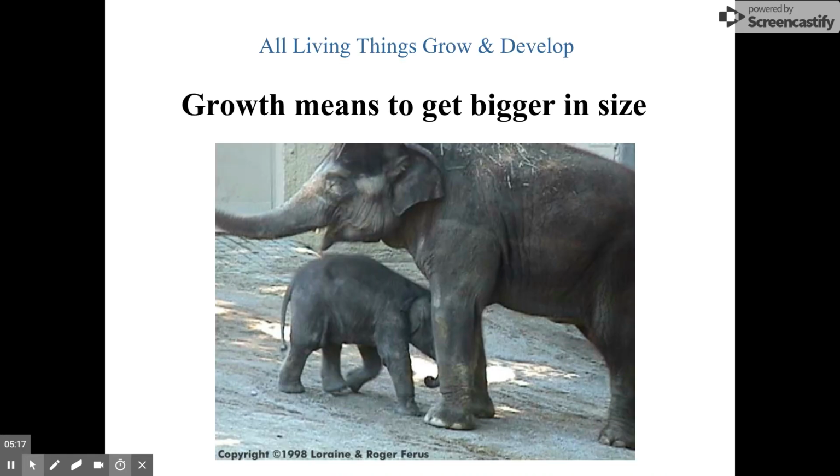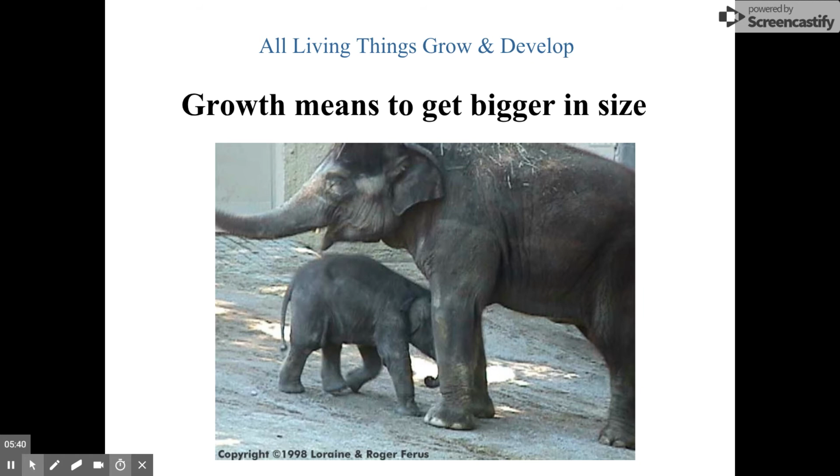Characteristic number six, all living things grow and develop. Now, we consider this to be one characteristic, but growth and development are actually two separate things. So, here in this picture, we can see a little baby elephant with its mom. Growth means to physically get bigger in size. And we'll learn this year that when you grow, the cells that you have as a baby do not get bigger.